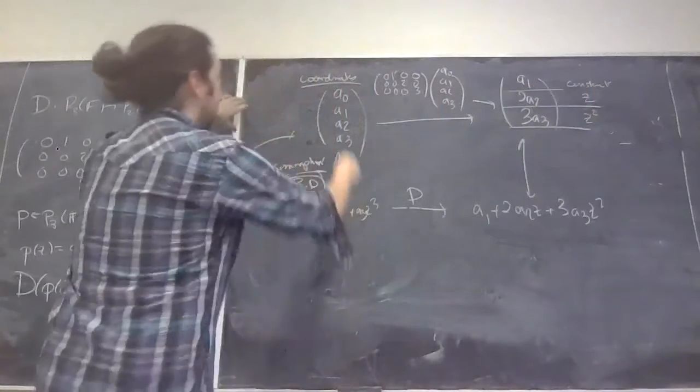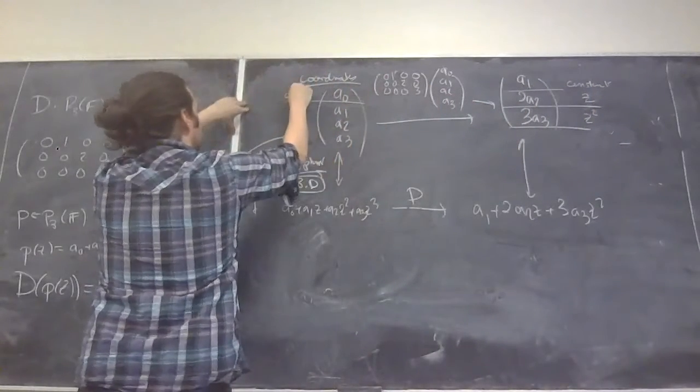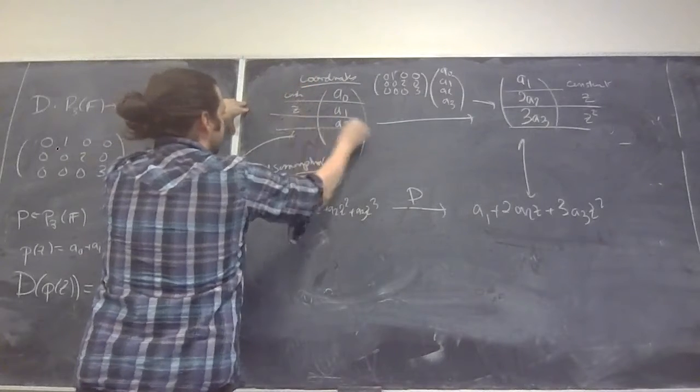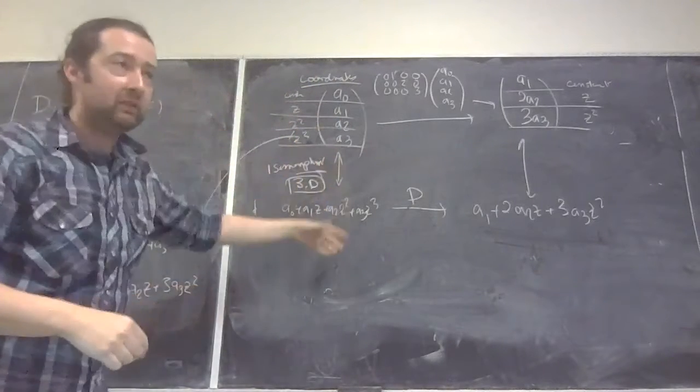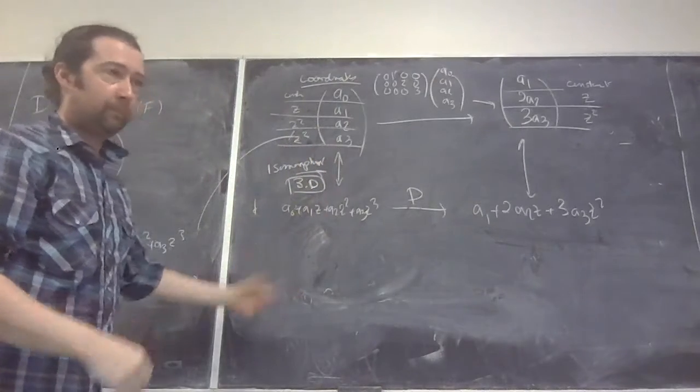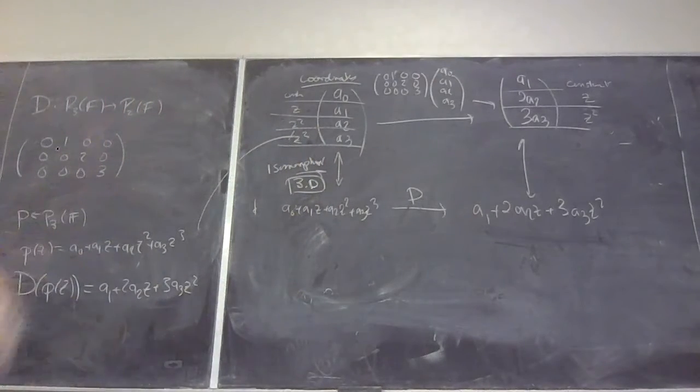As long as I'm careful about the way I set that up, there's the constant, the z, the z squared, the z to the third. You can go back and forth easily. And if one was gone, then there'd be a 0 in that spot.